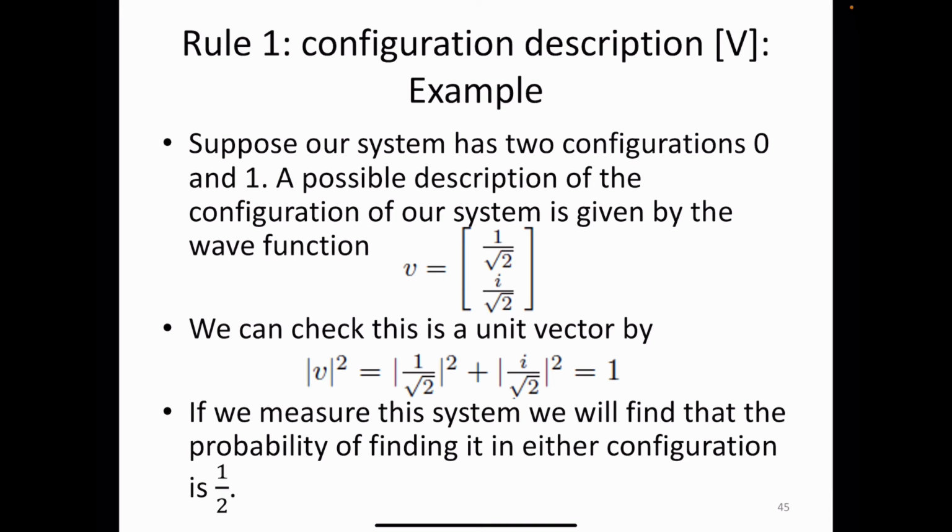And since we have the absolute value of i squared, the absolute value is +1, and we remove the square root because we squared it, so again it sums to 1/2 plus 1/2 equals 1. So if we measure the system, we will find that the probability of finding it in either configuration is 1/2.